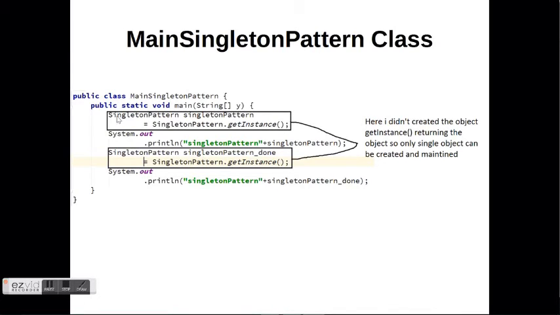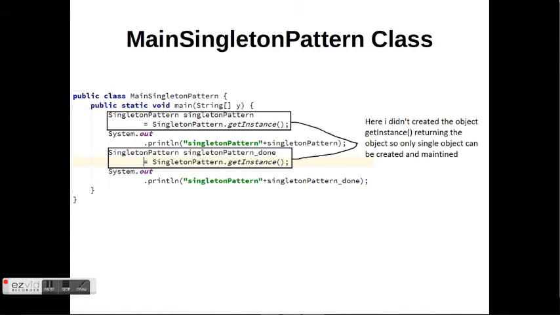Here if you see, I wrote the same code twice. Why? To know whether the object is newly created or it is using the same object. For that purpose I wrote the same code twice.